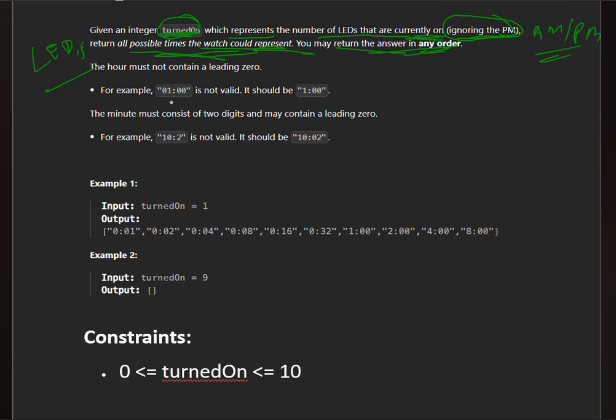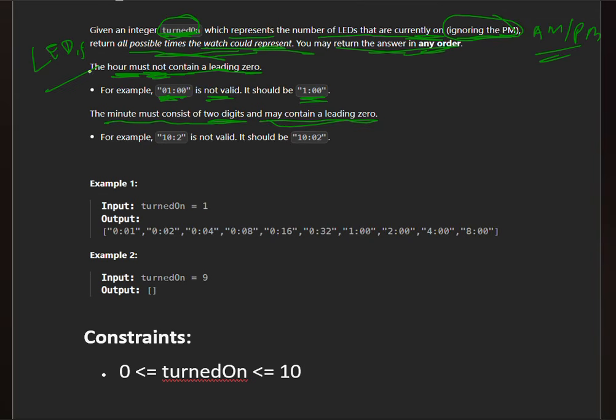Some rules are also given. Hours must not contain a leading 0, so 01:00 is not valid, it should be 1:00. And minutes must consist of two digits and may contain a leading 0.